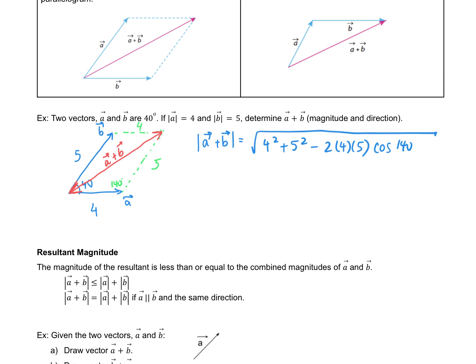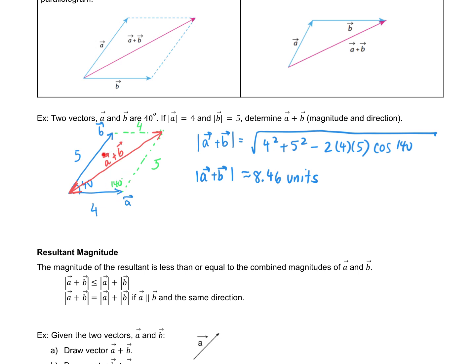And then I'll just clean this up, punch it into my calculator, get approximately 8.46 units. Okay, I could round to 1 or 2 units. I didn't specify, so 8.46 is good.